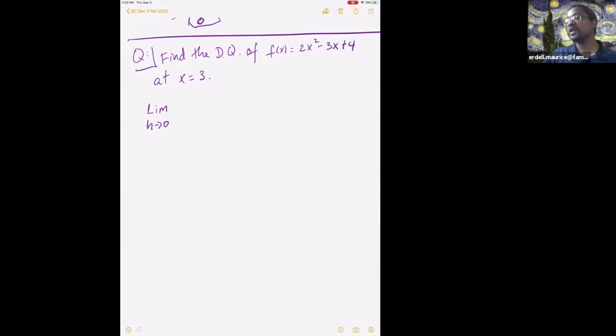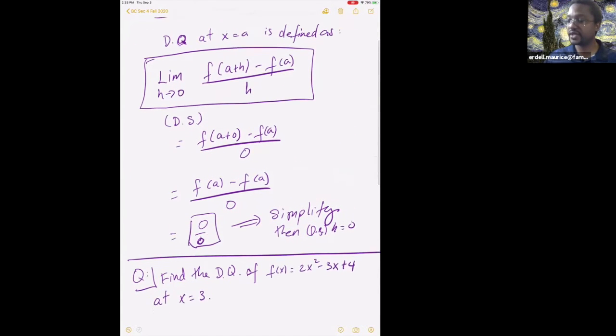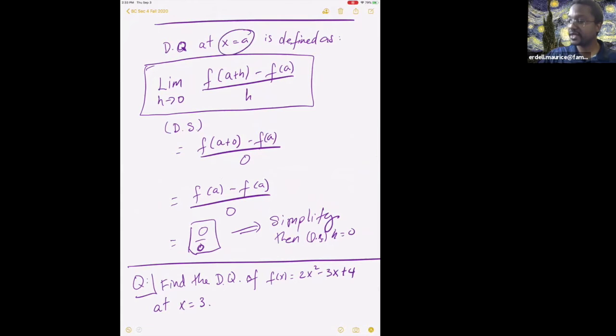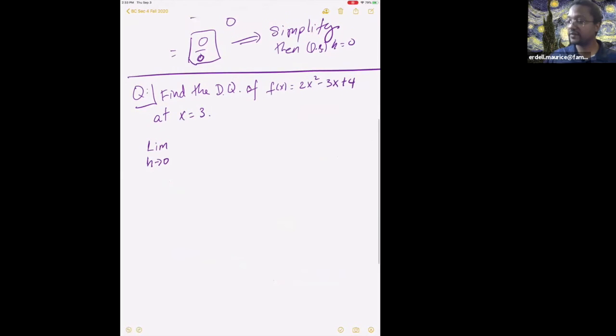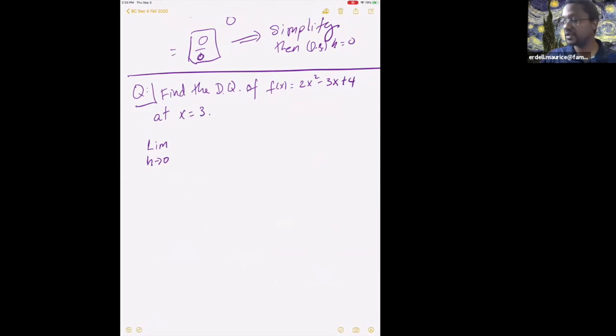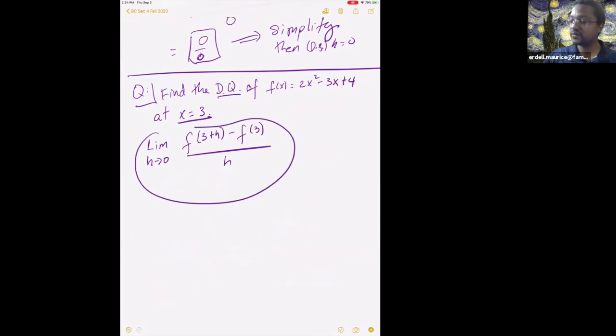So based upon the equation right here, x in my example is equal to 3. And so what that means is that everywhere I see a in the formula, I am going to write the value 3. This is a difference quotient at x equals 3. So I'm using the difference quotient formula, and I'm plugging in 3 for a.